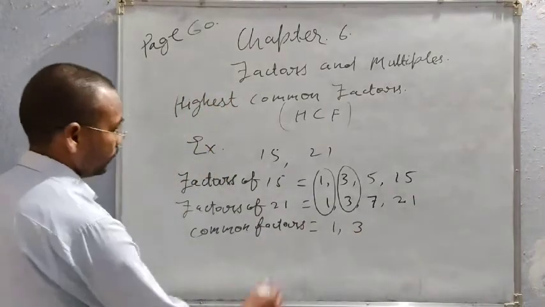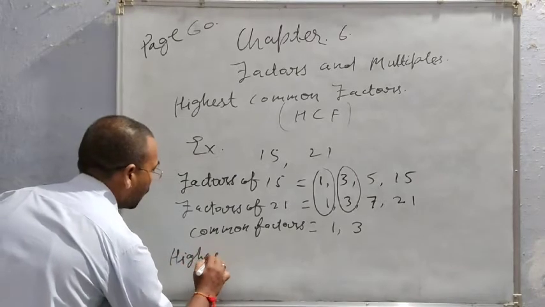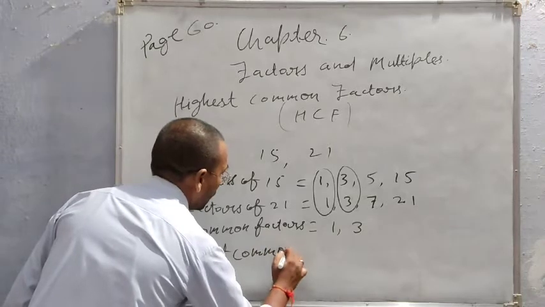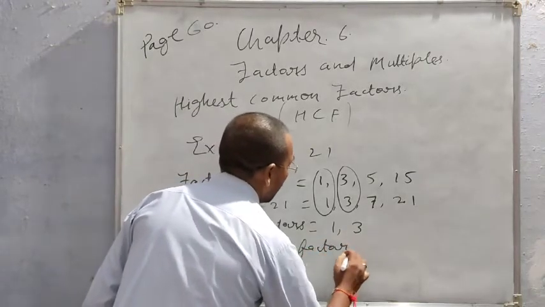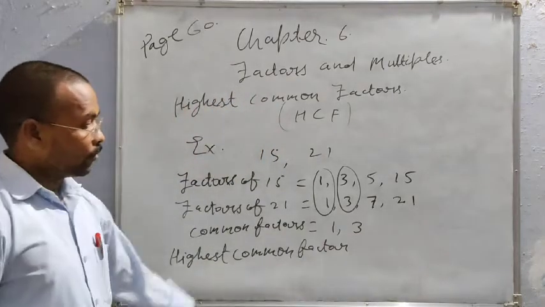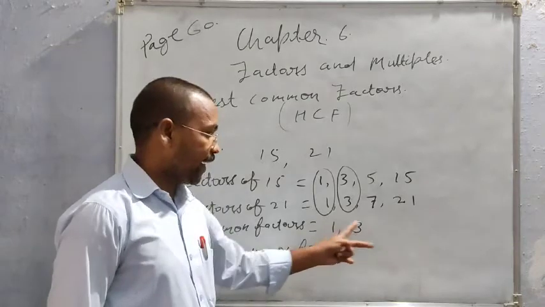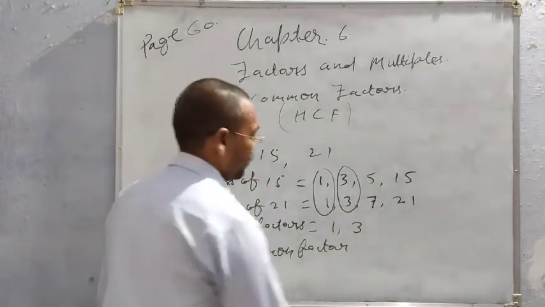And here suppose you want to write the highest common factor. So highest common factor, which is highest, 1 and 3? You have to select the greatest one. Here 1 and 3, which is greater? 3.